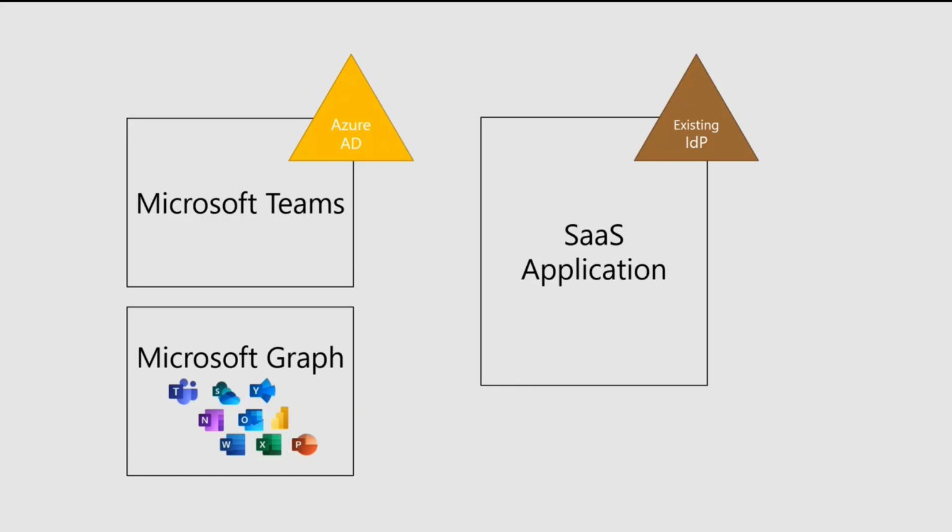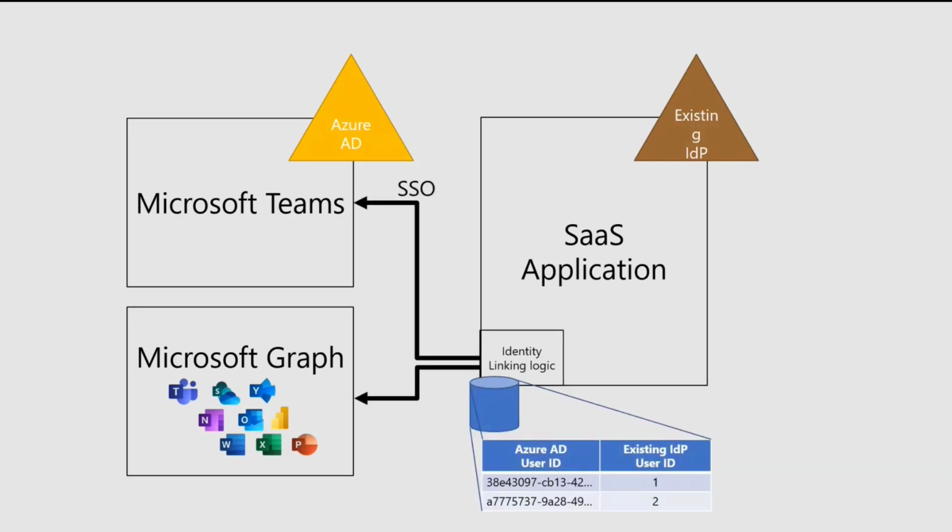The solution, kind of generically, and it's going to be a little different for every application, honestly, depending on how it's written, is to link these identities. So basically, you get the user to log in with Azure AD and the SaaS application's identity. So for some moment in time, they're logged into both. And then you link the two identities in a database of some sort.